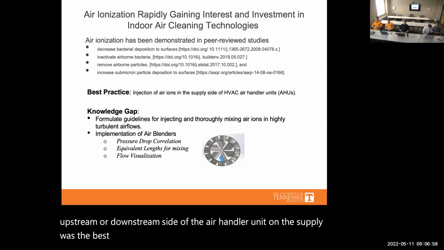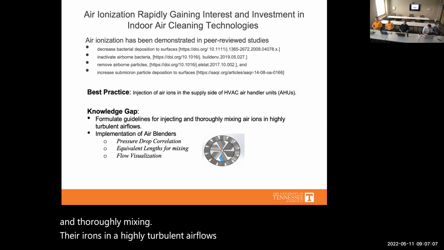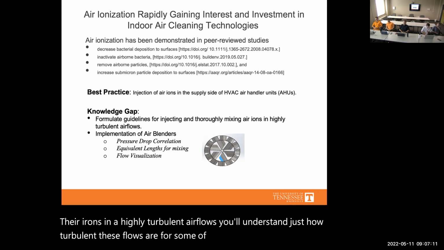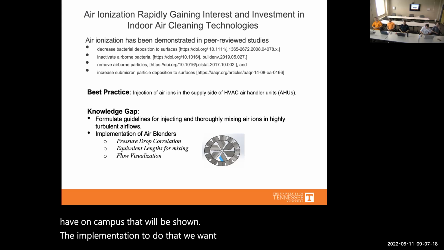So the knowledge base that we're looking to develop is to formulate guidelines for injecting and thoroughly mixing air ions in highly turbulent airflows. You'll understand just how turbulent these flows are for some of the air handler units that we have on campus. That will be shown. To do that, we want to implement air blenders.